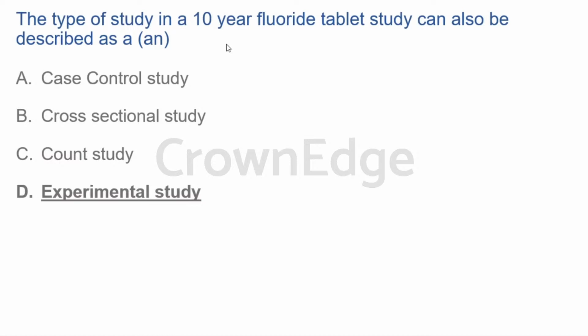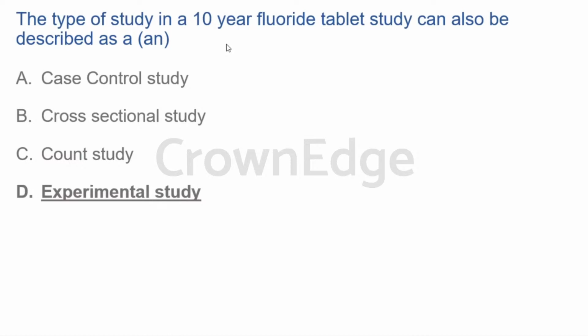So this was a question that I have picked up from Dental Pulse. I have inserted a few relevant questions at relevant places. This is one of them. The type of study in a 10-year fluoride tablet study can also be described as an experimental study. Whenever you include a medicine or an intervention, here the 10 years is the time period and the fluoride tablet is the intervention.